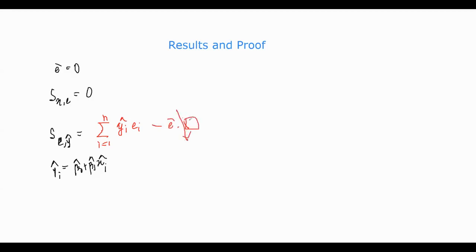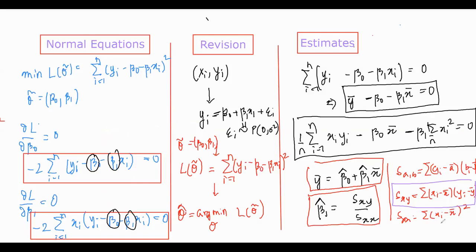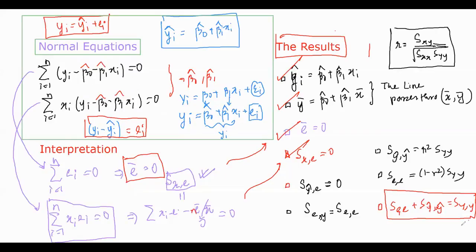So it is the summation from 1 to n of (beta naught hat plus beta 1 hat x i) times e i. Beta naught hat is a constant, so that term gives beta naught hat times the summation of e i, which is n times e bar. I keep making that mistake, but it is n times e bar.